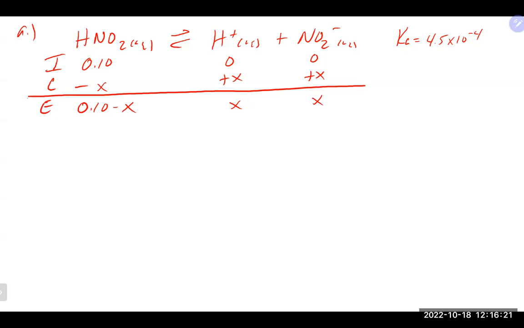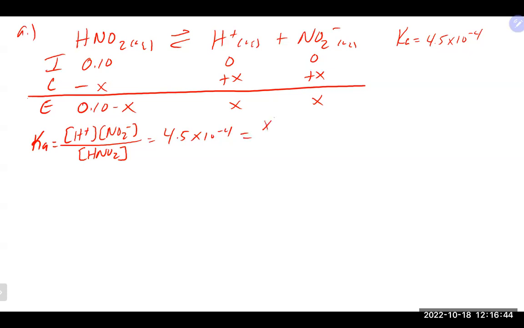This is going to go into our Ka expression, which in this case is our products over our reactants. Once again, I don't have it in my equation, but if you had water in there, you obviously would leave it out as well. That's going to equal 4.5 times 10 to the minus 4.